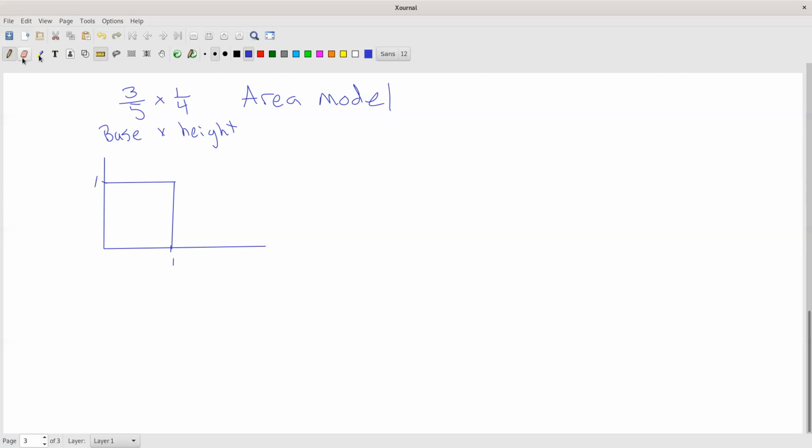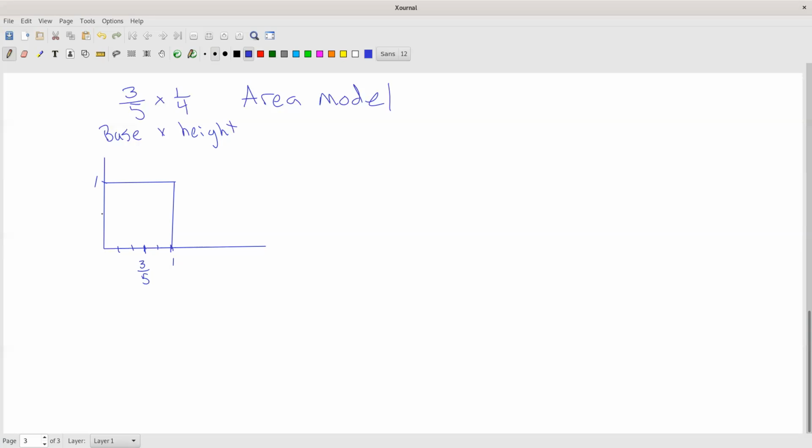So next, I'm going to measure out my 3/5. So if that's 1 whole, I have to figure out what fifths look like here. And I'm going to guess that this is about 1/5, 2/5, 3/5, 4/5. And then 1 whole would be 5/5. So I want this one right here as my 3/5. Now 1/4, that's going to go vertical, my height.